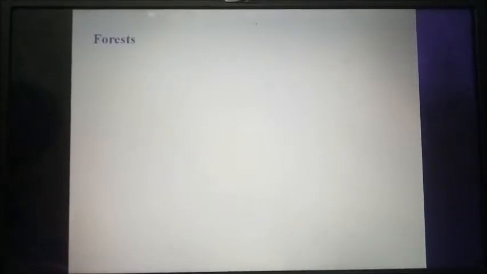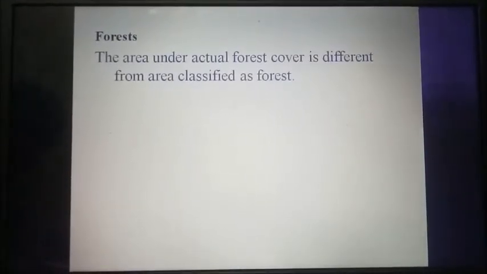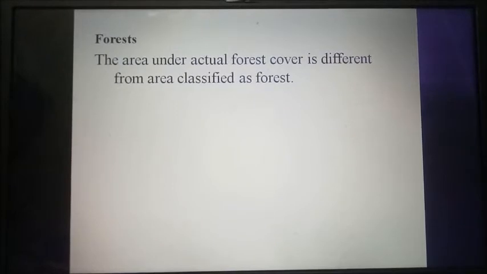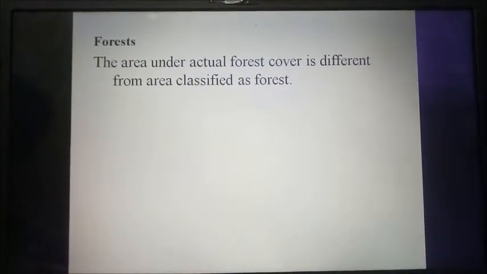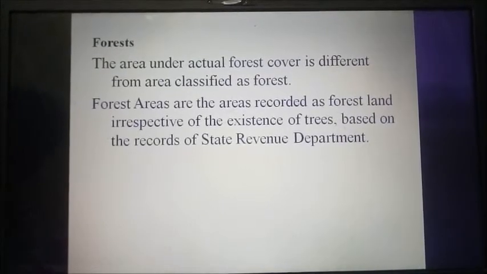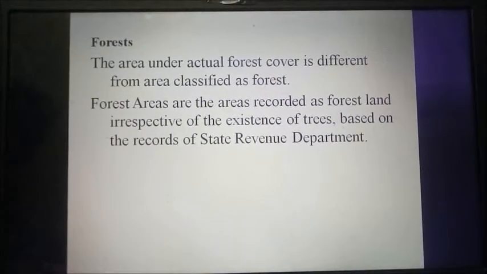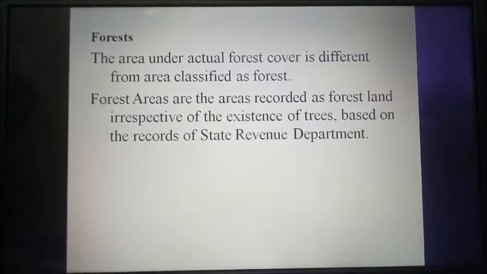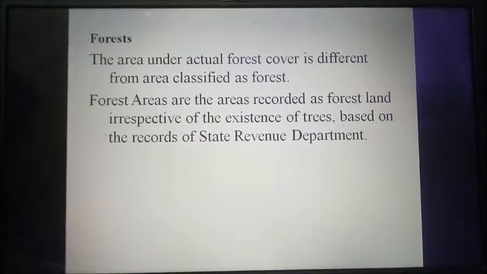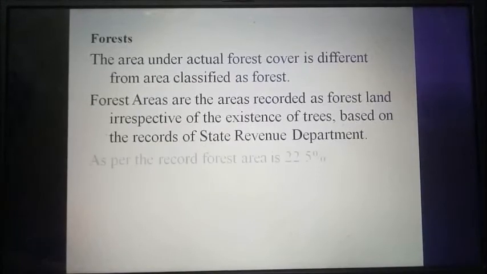What does forest include? Forest includes the actual forest area and the forest area covered by the government. They both are different. How come they are different? Forest areas are the areas recorded as forest land irrespective of the existence of trees, based on records of the State Revenue Department.